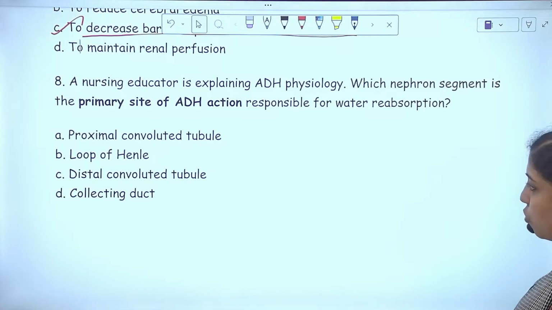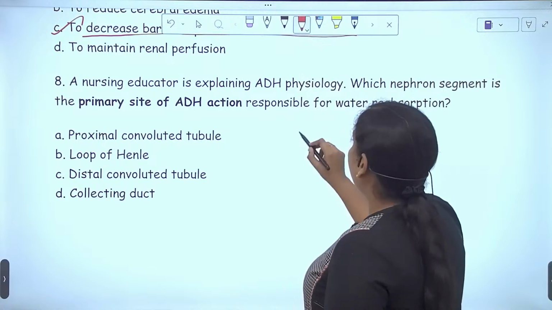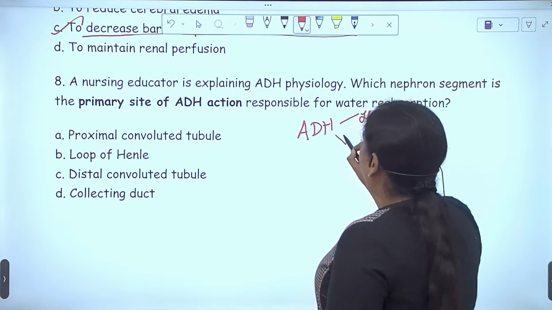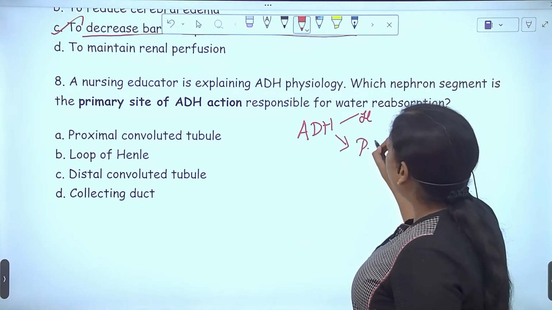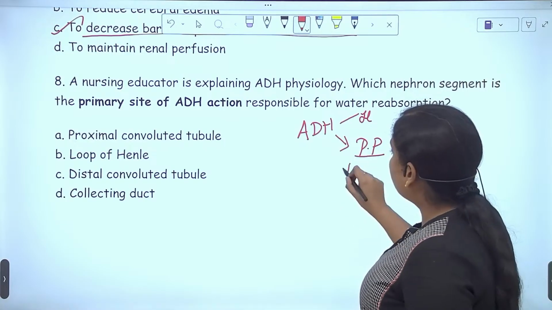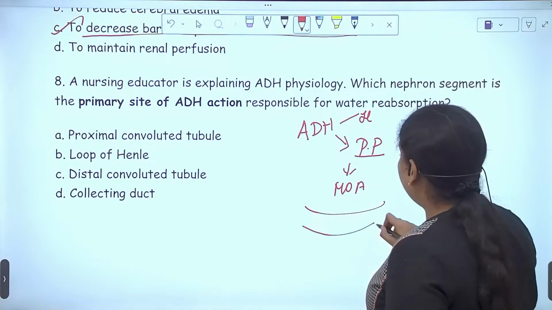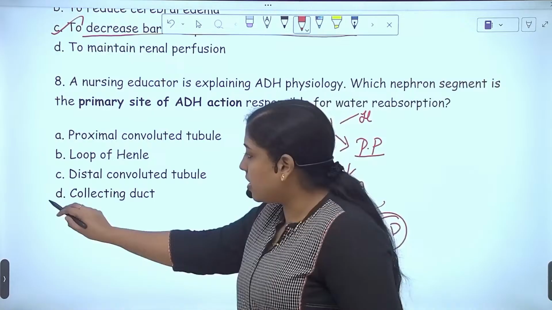Yes, as I said, the action of your antidiuretic hormone, which is produced in the hypothalamus and released by your posterior pituitary, has its mechanism of action in the collecting duct of your kidney. So collecting duct is the correct answer.